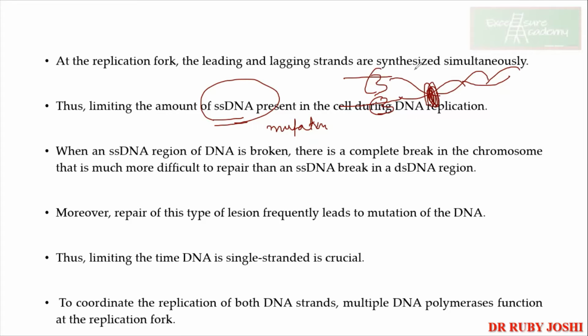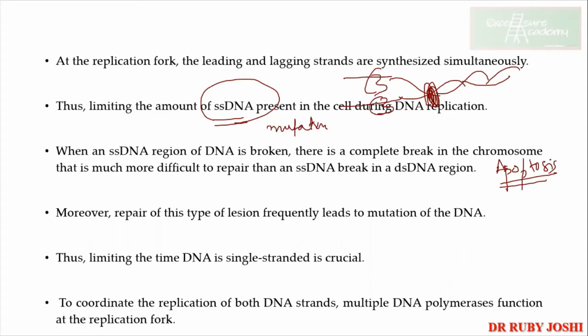Okay. So when a single stranded DNA is broken, there's a complete break in the chromosome, and then that should undergo repair. अगर नहीं होगा repair, what will happen? That particular cell will undergo apoptosis. If you cannot repair the cell, then the entire cell will go into the apoptosis.